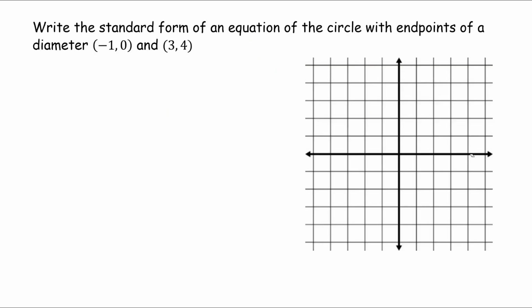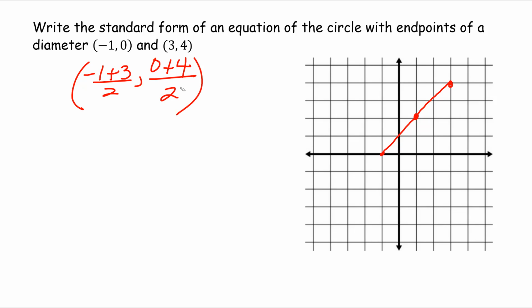All right, so write the standard form of an equation of the circle with endpoints of a diameter -1, 0 and 3, 4, right here. So if those are the endpoints of the diameter, the center must be right in the middle. To find the midpoint of that diameter, we just take the average of the x's and the average of the y's, and that is going to be that midpoint, which is the center of the circle.